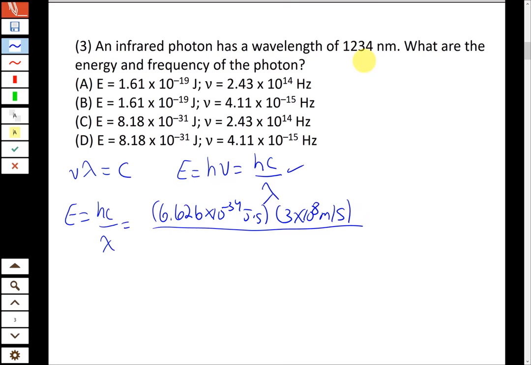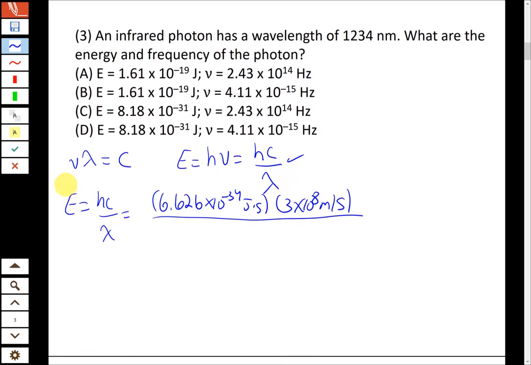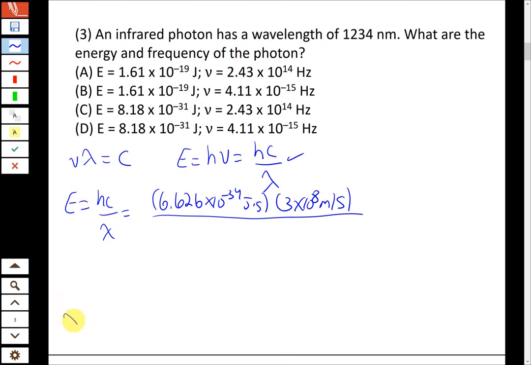What we have to remember with these equations is that wavelengths need to be in meters. Or alternatively, if we're using one of these equations to solve for lambda, the answer will initially be in meters. So we have to do that conversion first. Always write out your units. Meters is here in your speed of light, so your wavelength also needs to be in meters for the units to divide out properly.